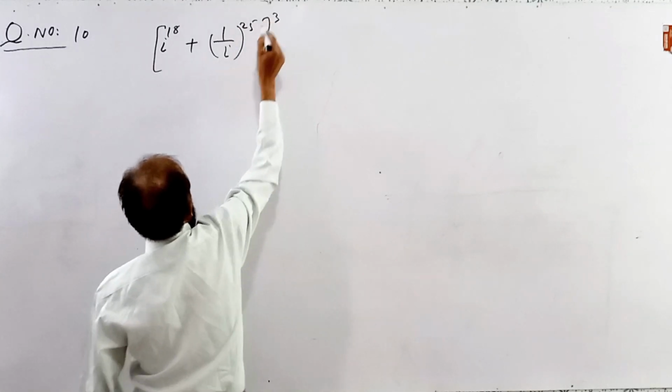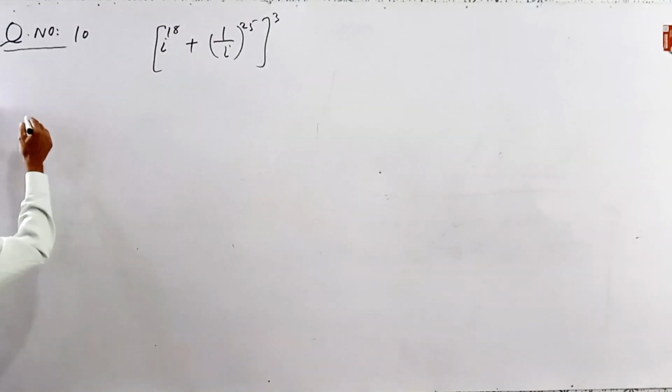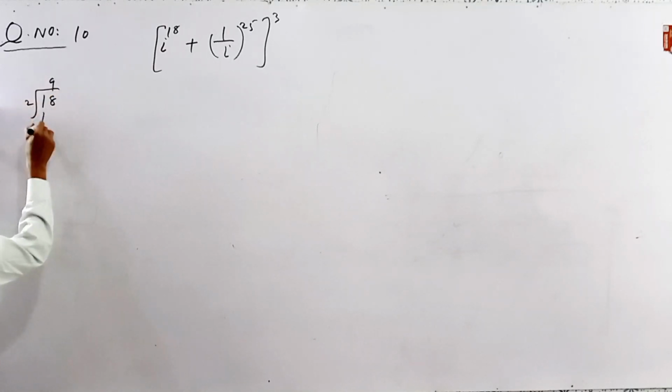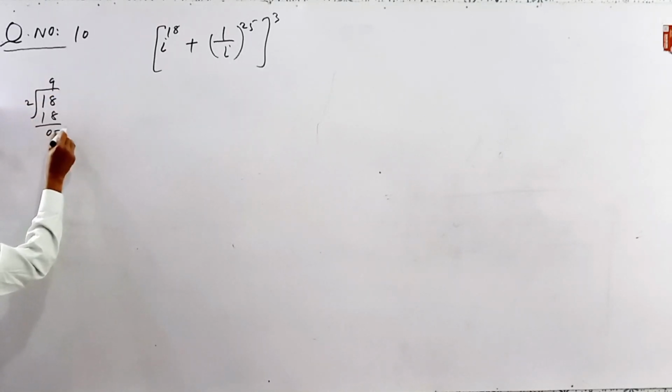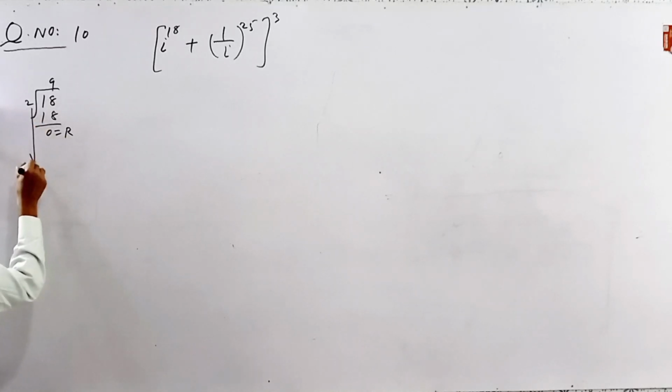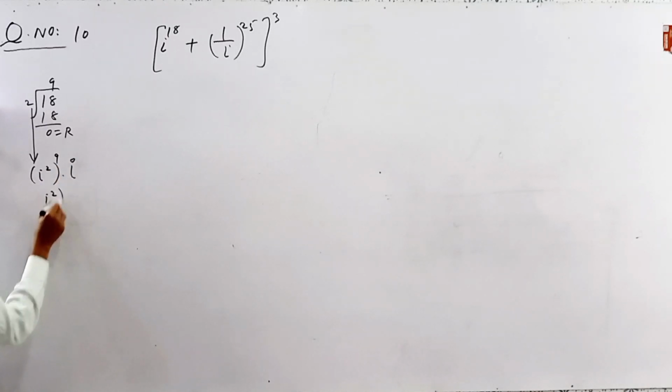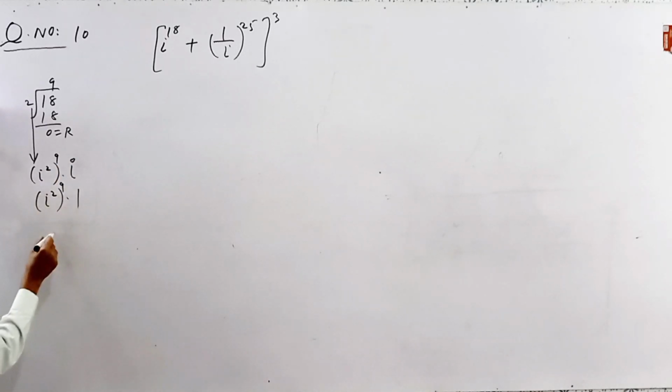Next, i to the power 18 plus 1 by 25, whole exponent 3. Look here, 18: 2 nines are 18, so the remainder is 0, as already discussed in the previous video, so we can write i to the power 0. Anything raised to the power 0 gives 1. So i square whole power 9.